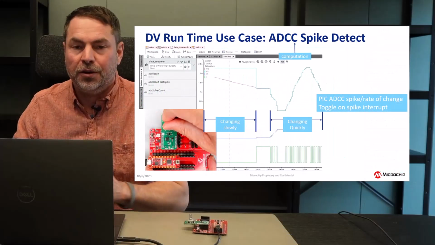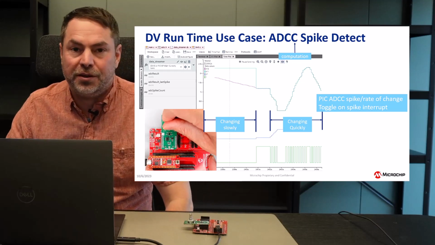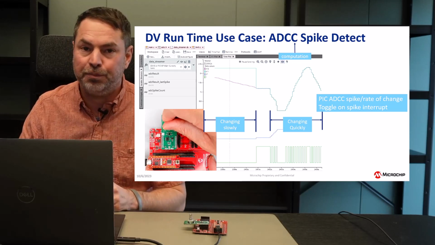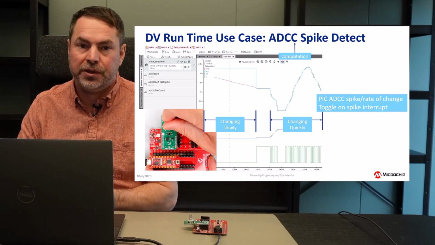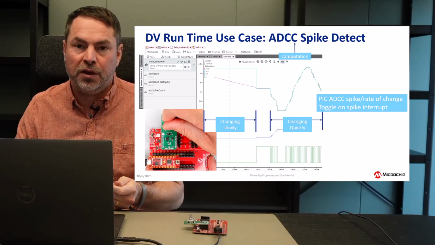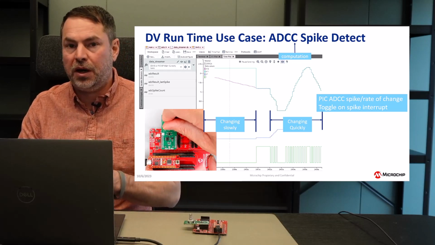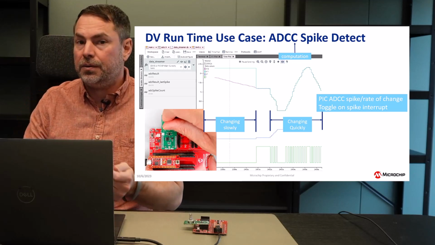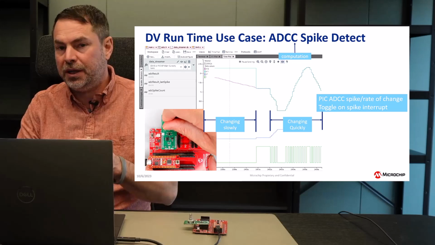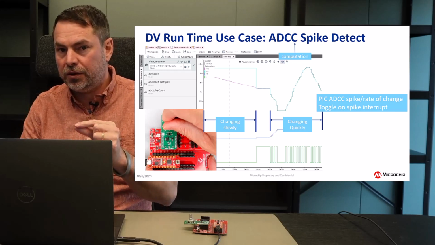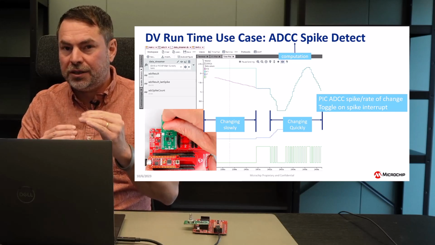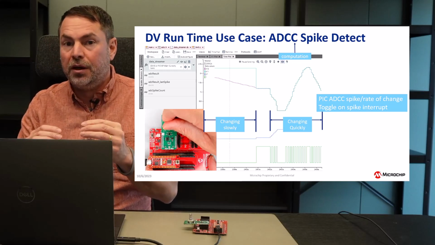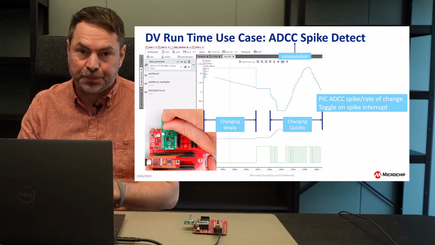So let's have a look at a use case which really can show off some of the capabilities of the DV runtime. I'm going to use a PIC18F Q41, which happens to have an ADCC, which is an ADC with computation. Now, we have the ability to set up the ADC to generate an interrupt when the rate of change of ADC samples against an average or against the last reading exceeds a certain threshold.